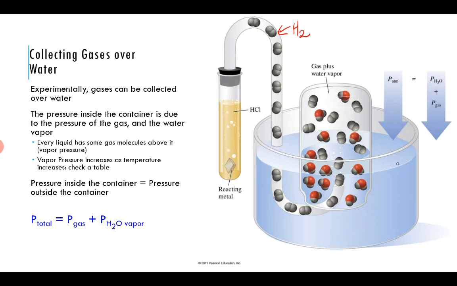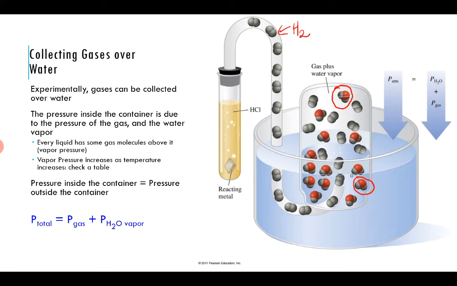Now, whenever you have a liquid, you have some molecules of that liquid in the gas phase above the liquid. So if you have water in the liquid phase, then you're going to have some water molecules in the gas phase above that same liquid. That's because of the vapor pressure of water.